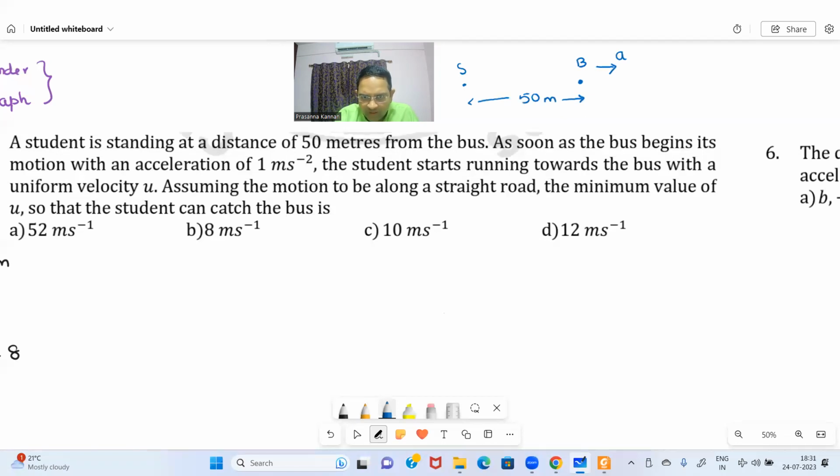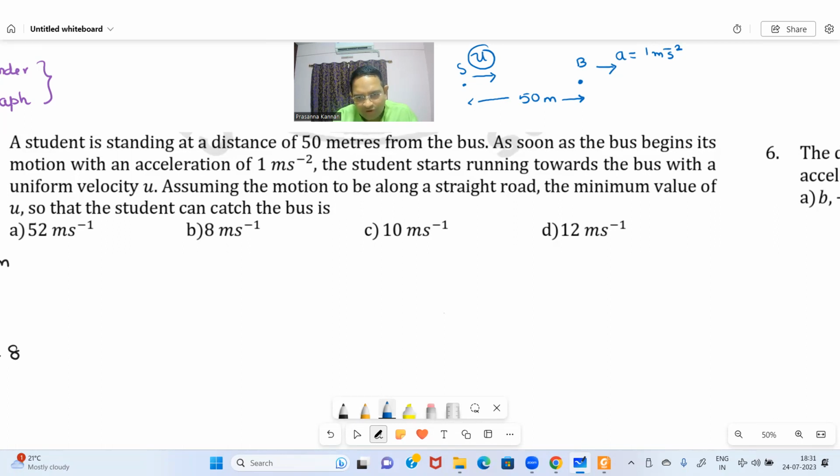How is it moving? 1 meter per second square. Yes, so it's moving with an acceleration of 1 meter per second square. Immediately the student is starting to run with a uniform velocity. He is not accelerating. He is running with a uniform velocity. At every instant, he is maintaining the same velocity. All right.